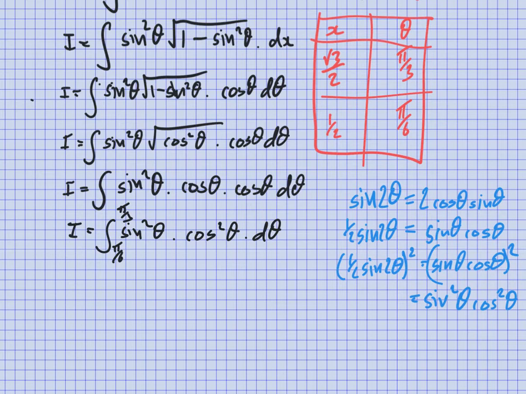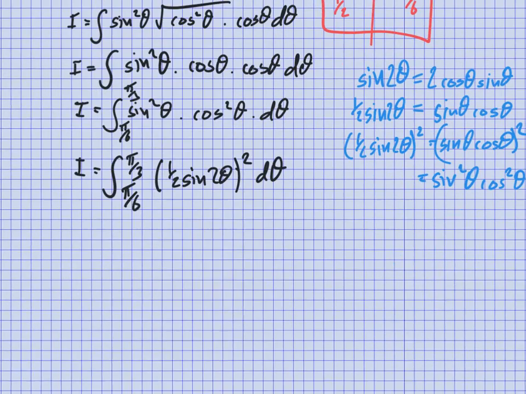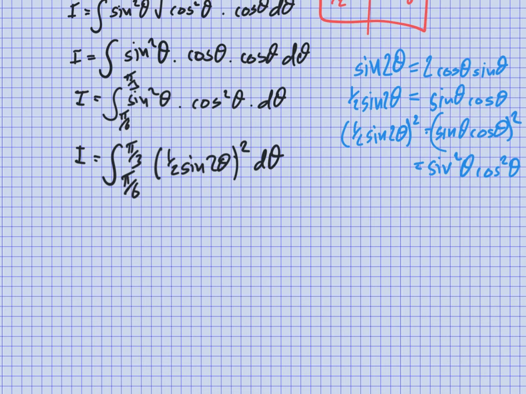So this is equal to the integral between pi by 3 and pi by 6 of a half sine 2 theta all squared d theta, which I can rewrite as a quarter sine squared 2 theta.